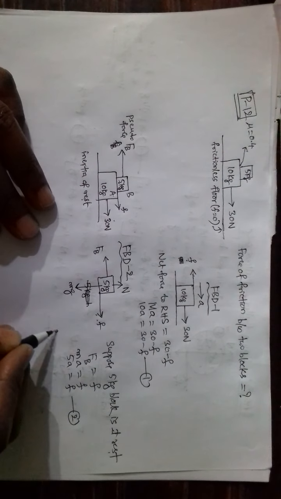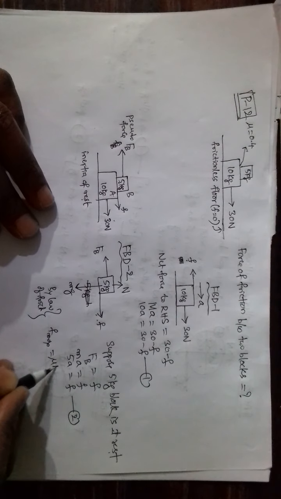Now let us calculate F maximum by the law of friction. F maximum is equal to mu N, and N is equal to mg.